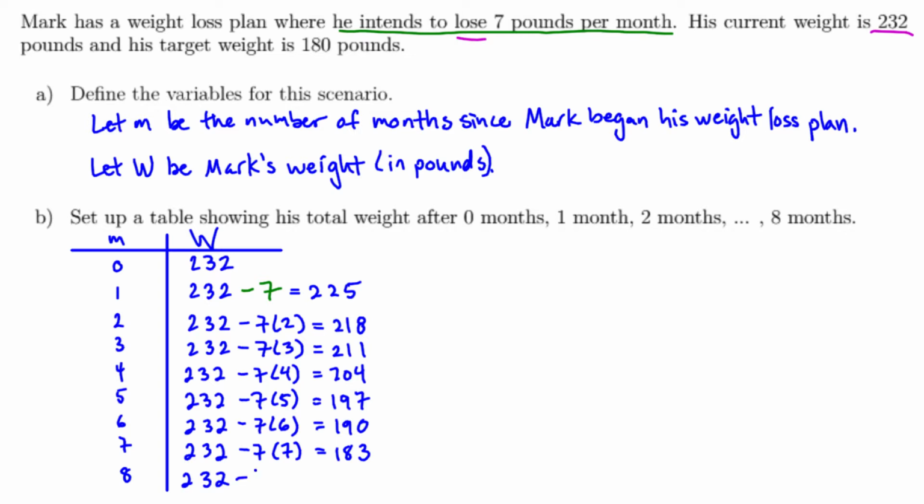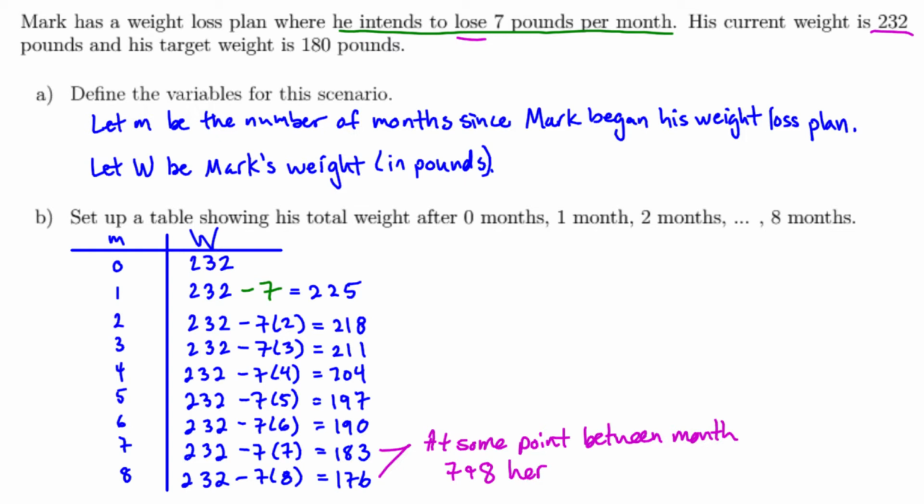We'll have 232 minus 7 times 8, and that will equal 176. So we can see here that at some point between month 7 and 8, he reaches his target weight. He's going to reach his goal.